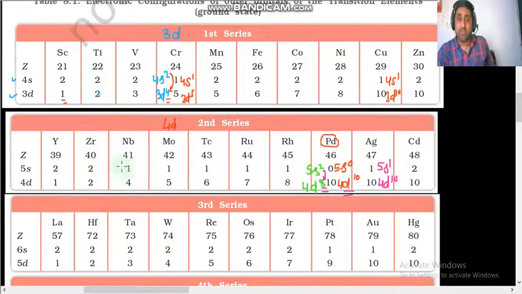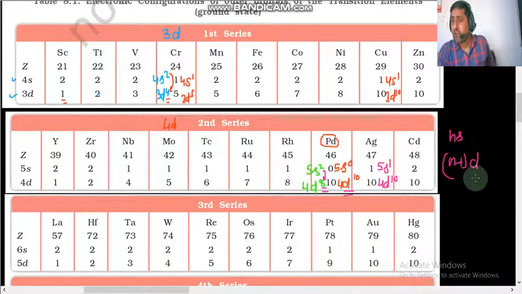Now see here, from here to there, this is 5s1, 5s1, 5s1, 5s1, 5s1. From niobium to rhodium, in all these, one electron from the s subshell gets transferred. Now this transfer takes place due to two reasons. Although we can say they are exceptional cases, there are two reasons. One is that the energy gap between ns and (n minus 1)d subshell is not large, it's very small.